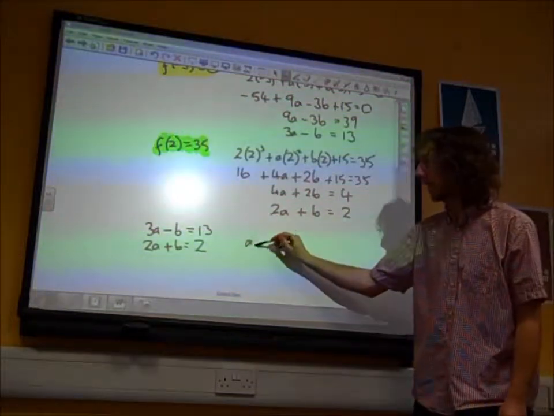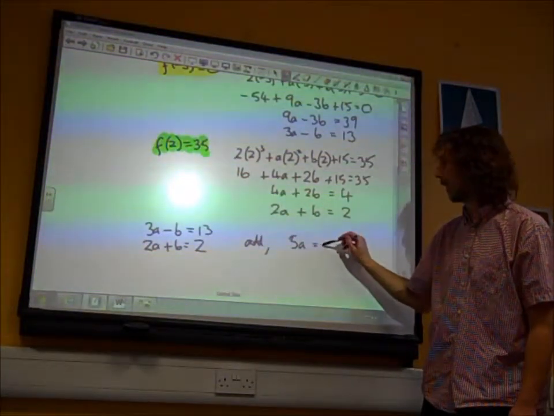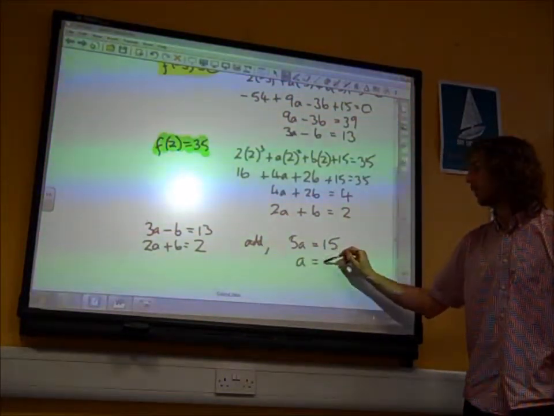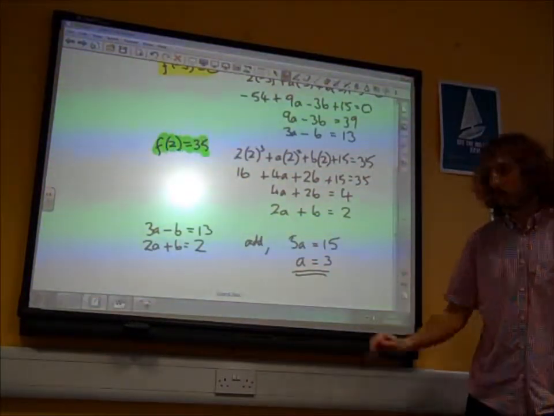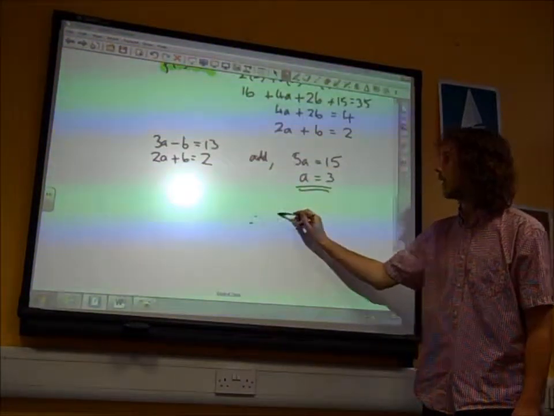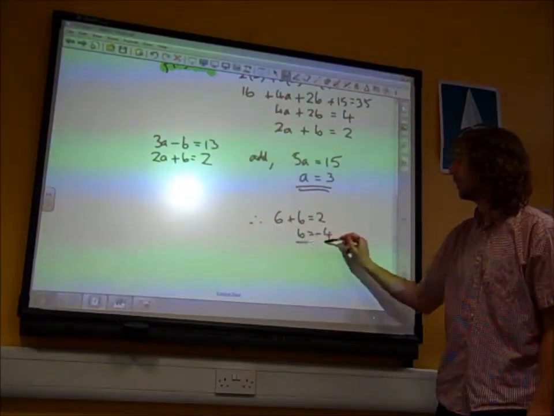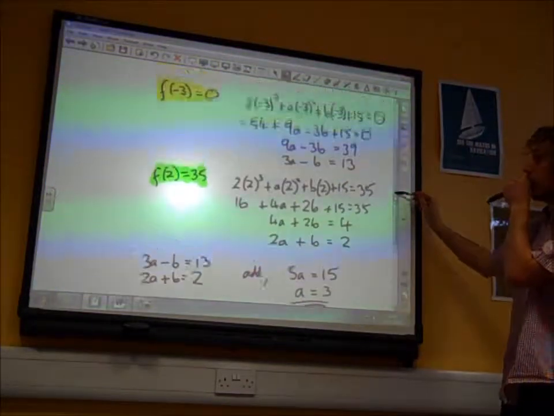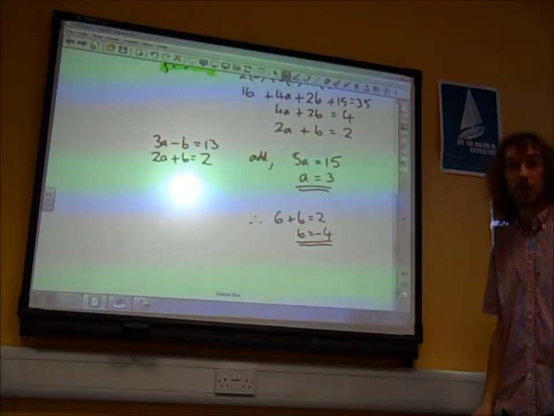If we add, we get 5a, the b's will cancel out, 5a is 15, so a is 3, and if a is 3, 6 plus b is 2, so b is negative 4. Let's just check, what did the question want? It wanted the values of a and b, and that's what we've got, so we've answered it.